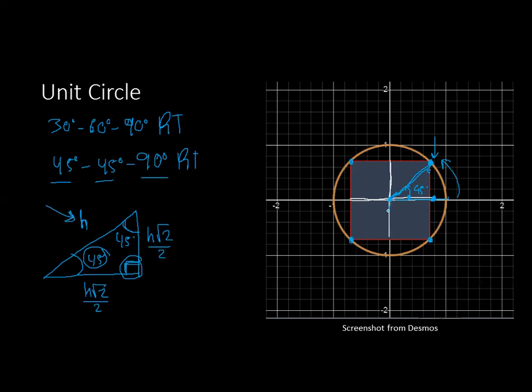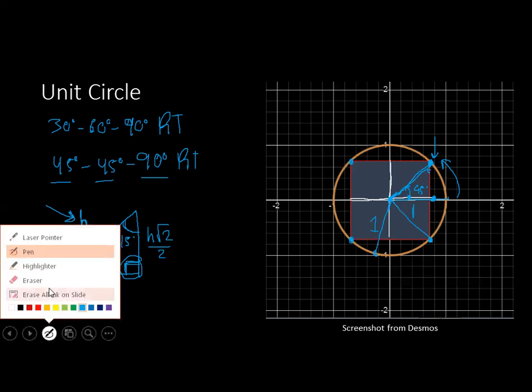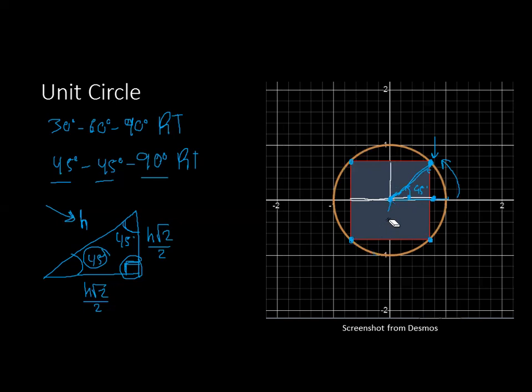From here to there, exactly at the corner of the square, it's still 1 unit. The same thing here, the corner of the square is also 1 unit. So therefore, the hypotenuse is 1.